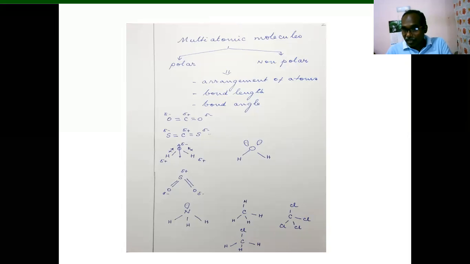But their polarity depends upon not only the electronegativity difference, but also upon the arrangement of atoms, that is the spatial orientation of atoms, or the bond length, or the bond angle. So this is how a molecule can be found out whether it has a permanent dipole moment or not.